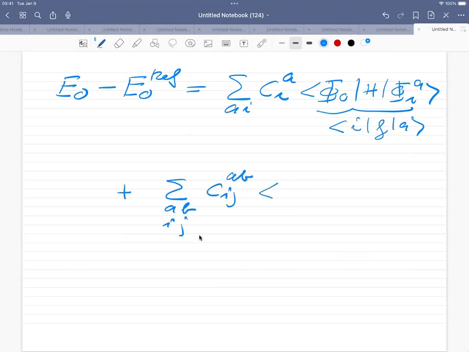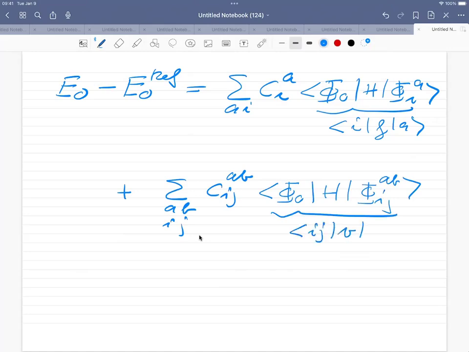And then I have the matrix element between the ansatz for the ground state and a two-particle, two-hole excitation, which we also have calculated, and we know the expression for that. That's an IJ V AB. Now, if I have done the diagonalization, this is just stupid to run this calculation.